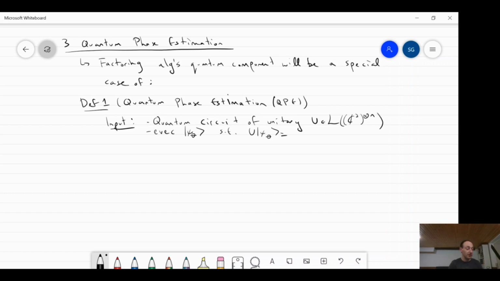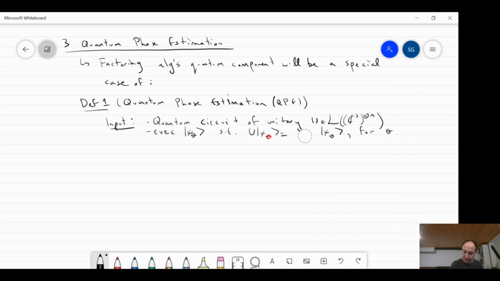It's a unitary operator. As the next exercise will have you prove, a diagonalizable operator is unitary if and only if all of its eigenvalues lie on the unit circle. So in particular, they look like this: e to the i theta psi theta. Sorry, let me be a little more precise.